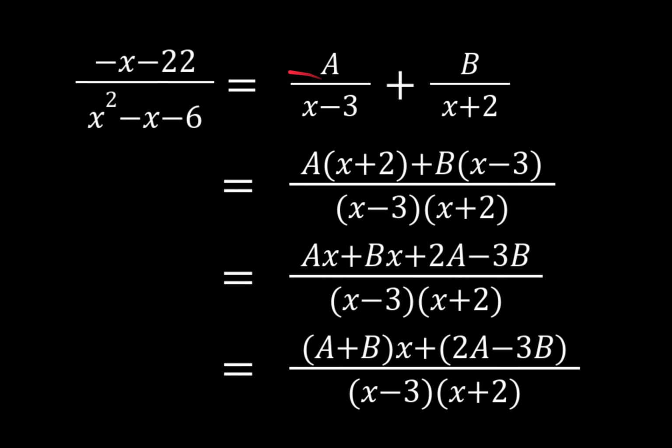So partial fractions states that you can split this function into two fractions. In this case, because the lower power is x to the power of 1, our numerator will be something of x to the power of 0 or 1. So a is a constant, b is also a constant.